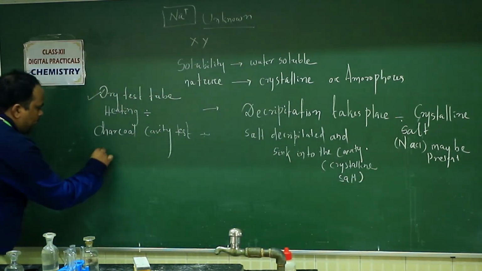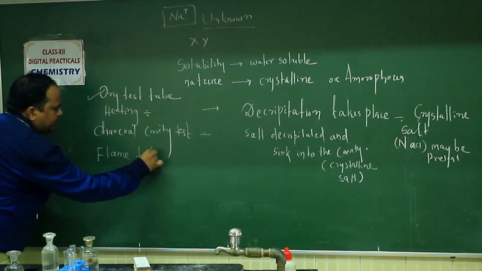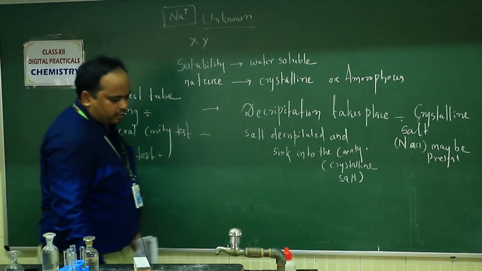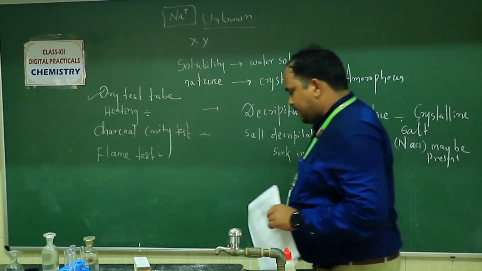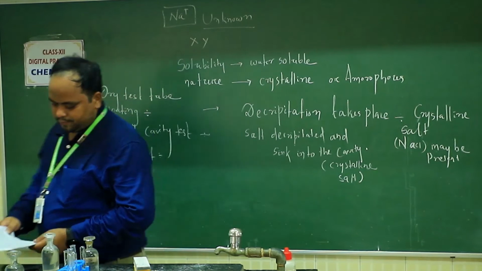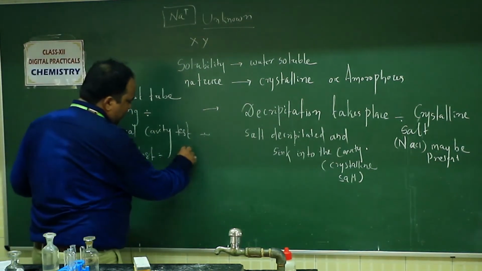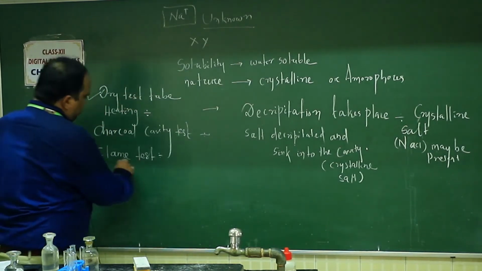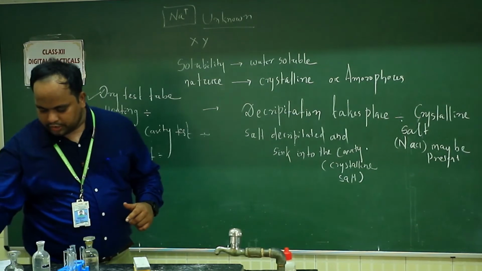Then serially this is the step you will go for: flame test. You take a nichrome wire that you dip in concentrated HCl, then dip in the salt, then show it through the oxidizing flame. It will give flame coloration.